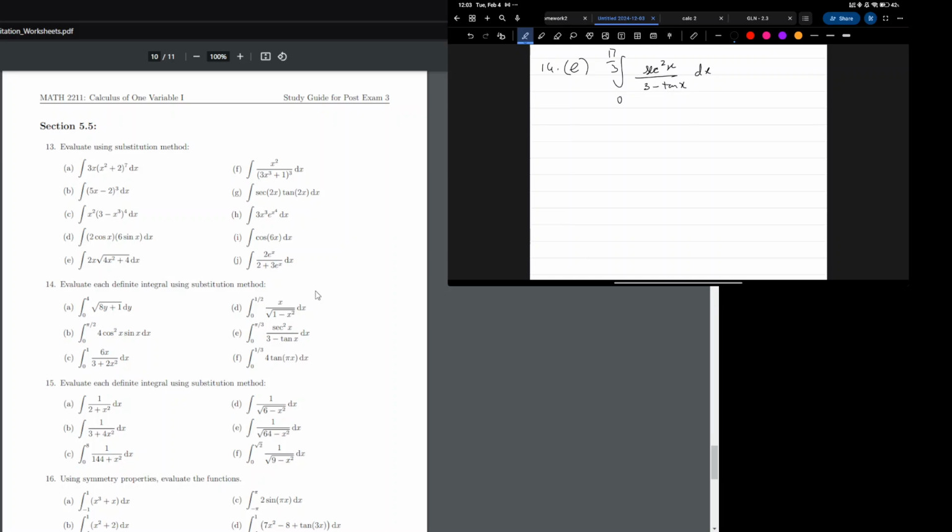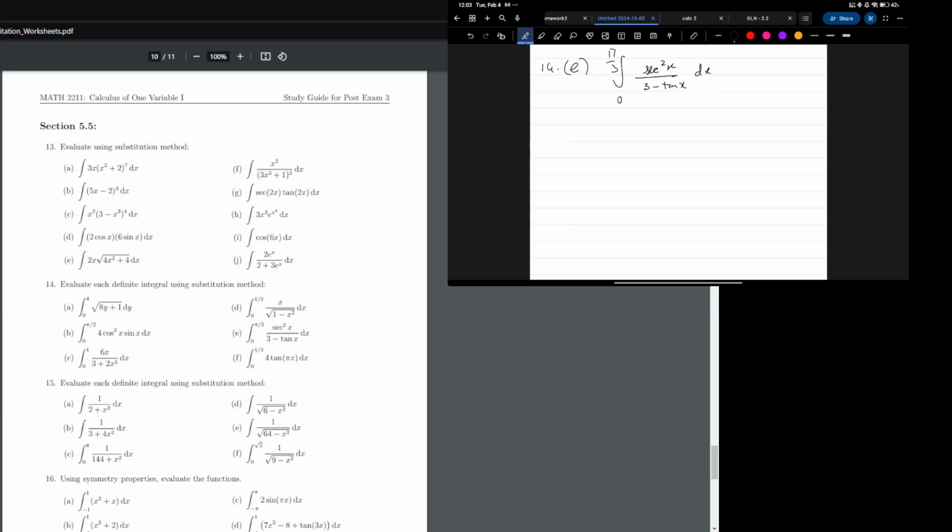And that is the way to know what to take my t as, what to substitute in. So with that information, what do you guys think I should take the t as? You're right, 3 minus tan x. Perfect. Let's start from that.